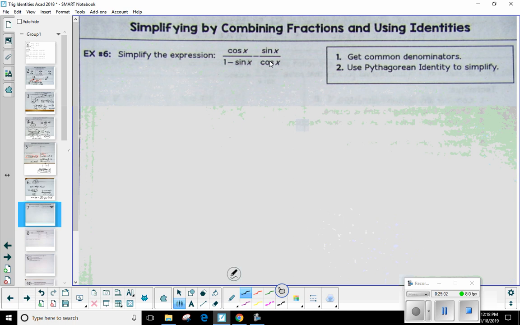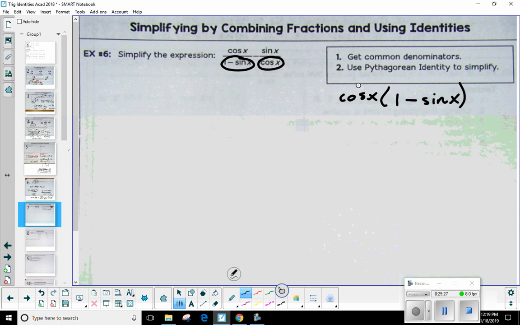But here's the denominator for the first one. Here's the denominator for the second one. So what I need both of them to look like is cosine of x times 1 minus sine of x. I need both denominators to look like that. Okay. Now I'm going to tell you on this one, it's probably better in the long run if I don't distribute.